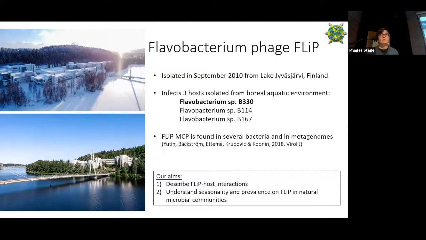During the wintertime, the lake is covered with ice, and then in the summertime, the light is penetrating the surface waters, and we can have blooms of bacteria and algae. So what kind of roles do these environmental factors play for Flip infectivity in laboratory conditions?